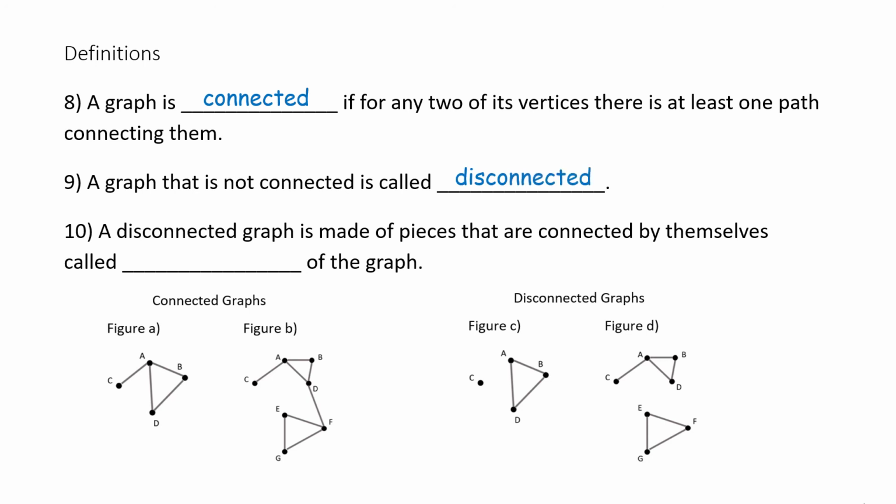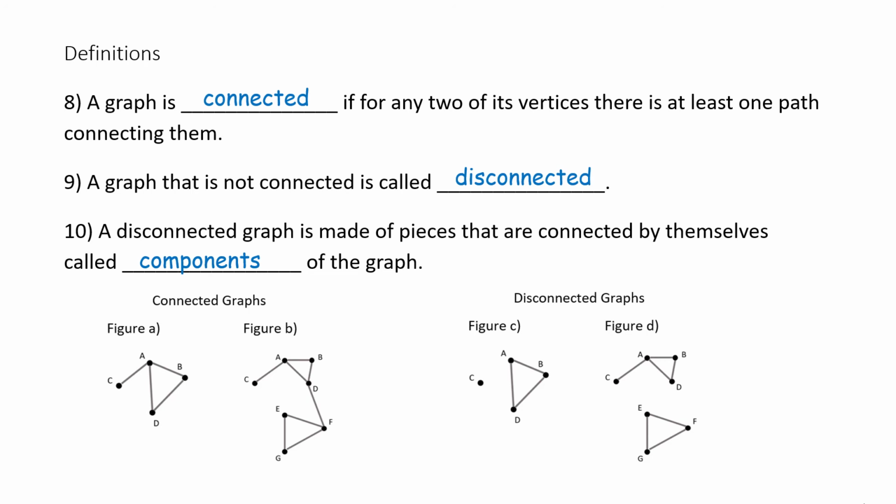A disconnected graph is made up of pieces that are connected by themselves, called components of the graph. Observe examples of connected graphs. Figure A. Notice a path can be drawn from any vertex of this graph to any other vertex of the graph. Same for figure B.